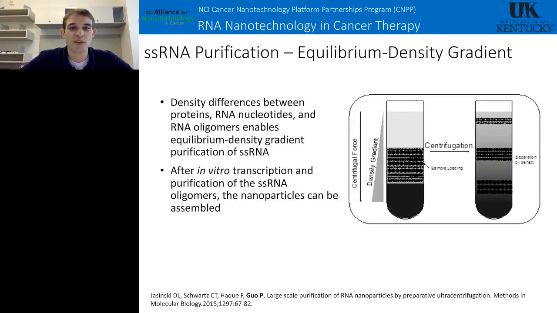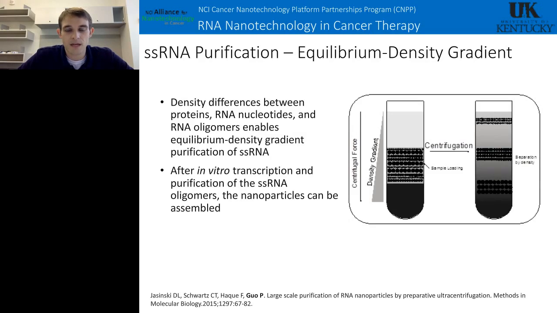So now to start with these methods. The first step is to purify your single-stranded RNA. Following large-scale transcription, say 1 or 2 mLs, you should get quite a bit of RNA. Rather than using PAGE or FPLC, we want to use ultracentrifugation to purify these particles.